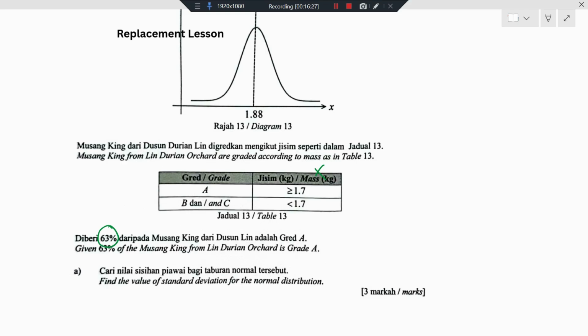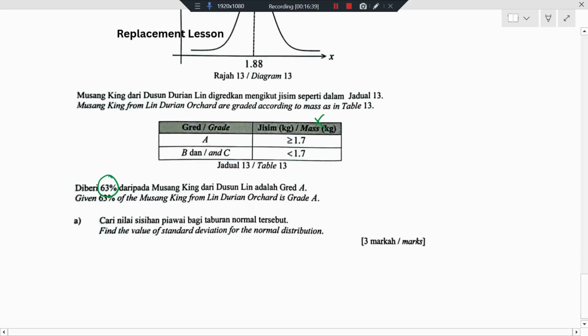Given 63% of Musang King Durian from Dusun Lin, from Durian Orchid, is grade A. So they already give you the probability of grade A is 63%. Find the value of the standard deviation of the normal distribution. Okay, just the standard deviation.